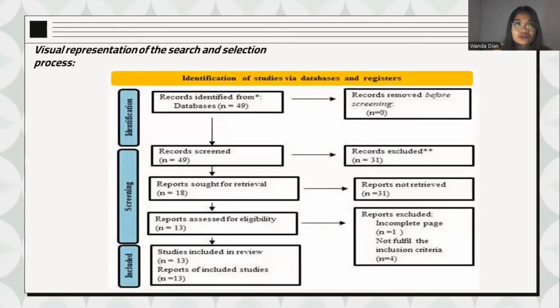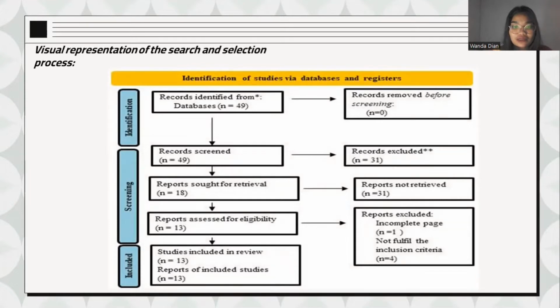So using those two keywords in the primary database, which is Google Scholar, I got 49 articles. After I got 49 articles, I did the first screening process using the inclusion and exclusion criteria.